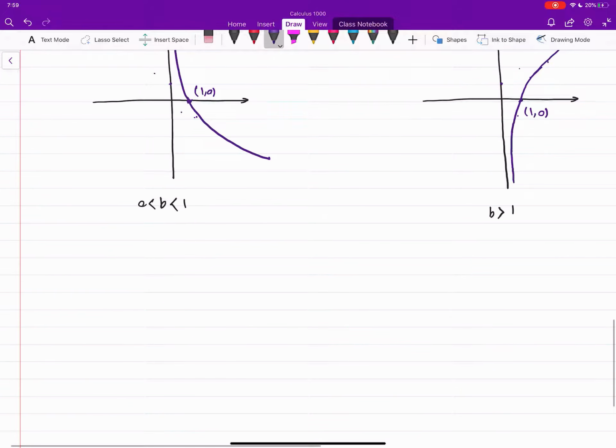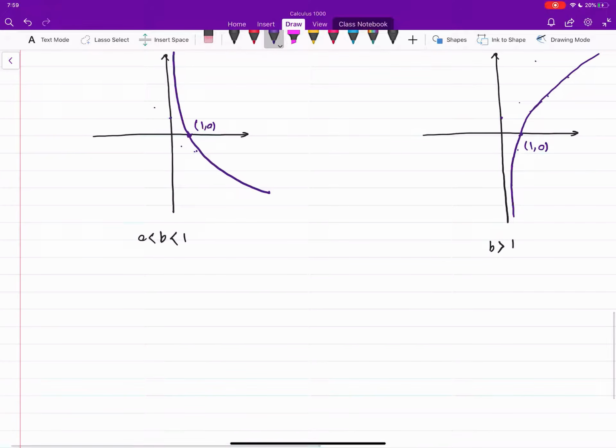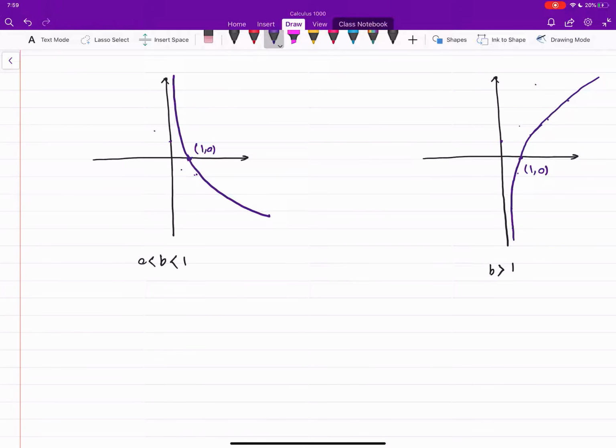Well, then we have basically this one, and then we can go ahead and draw a sketch graph of more logarithmic functions. For example, let me just do an example.